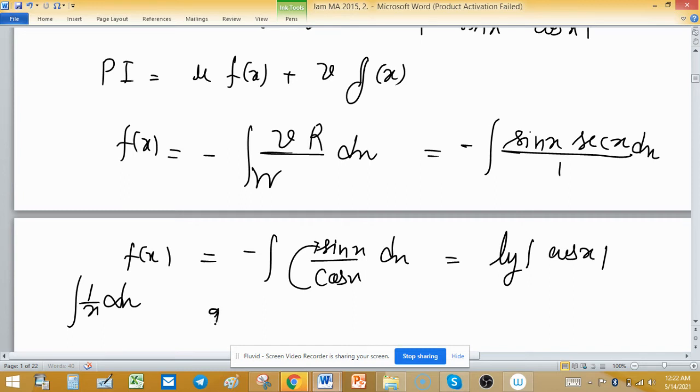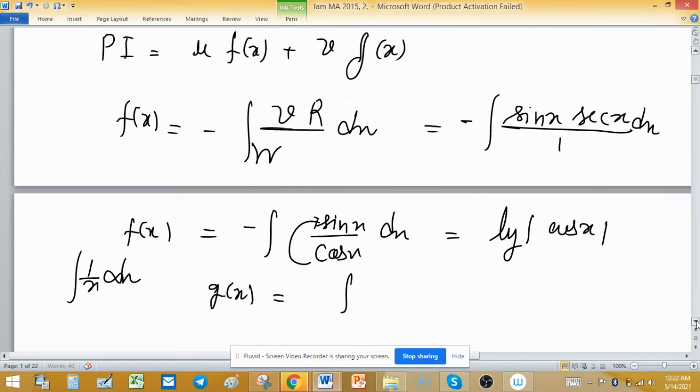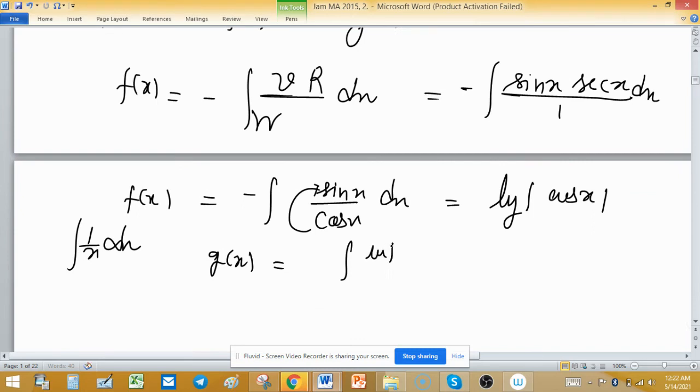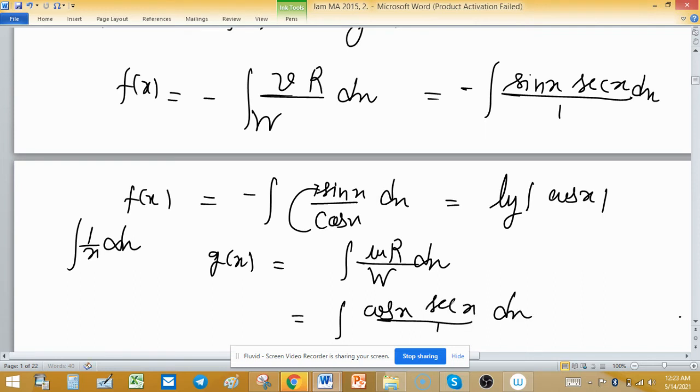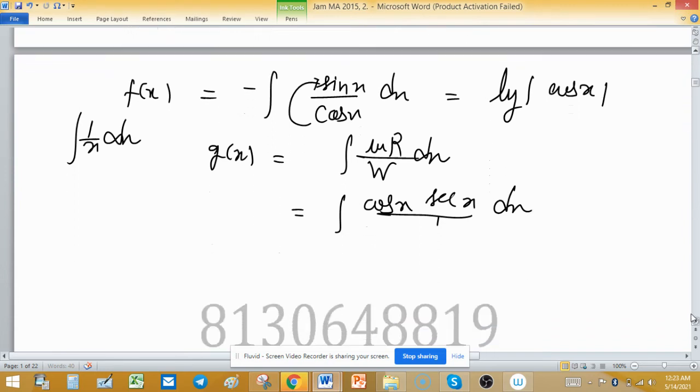Now we find g(x), which is the integral of u r divided by w with respect to x. Here u is cos x and r is sec x, divided by 1, and we integrate with respect to x. Cos x upon cos x is 1, so the value is x.